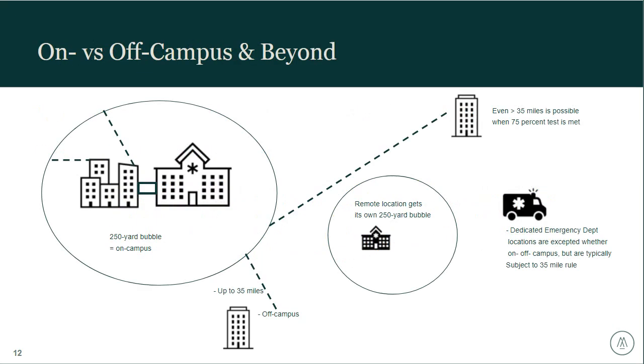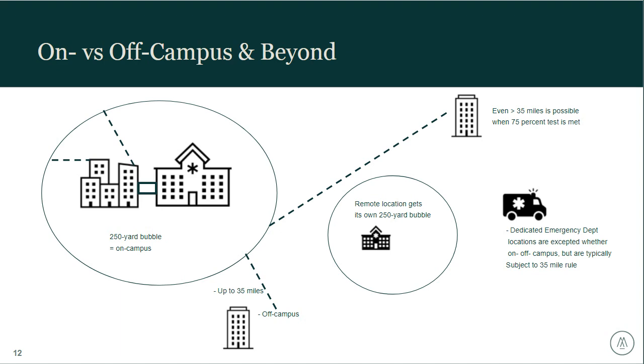So we're going to use this little graphic to help discuss this a bit. If you look at the main hospital campus there on the left, I've got a couple of hash marks, right? And they're coming off of different points of the main buildings of the campus. And you measure with a tape measure, like Larry said, right, 250 yards out. And I think of it as a bird's eye view looking down and kind of draw a circumference or a bubble, as I like to think about it.